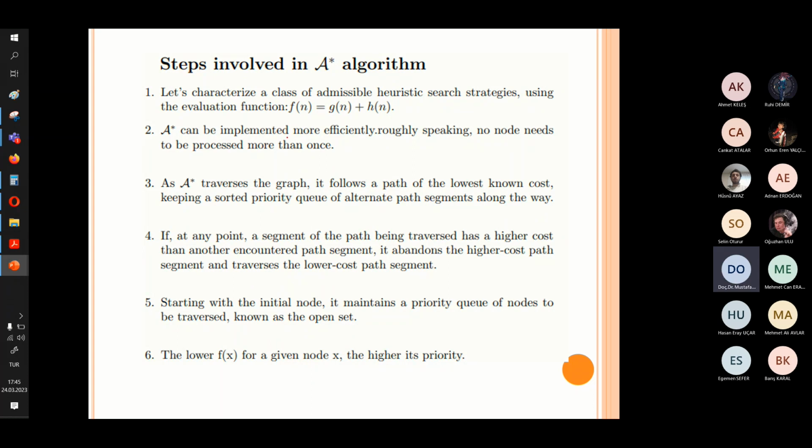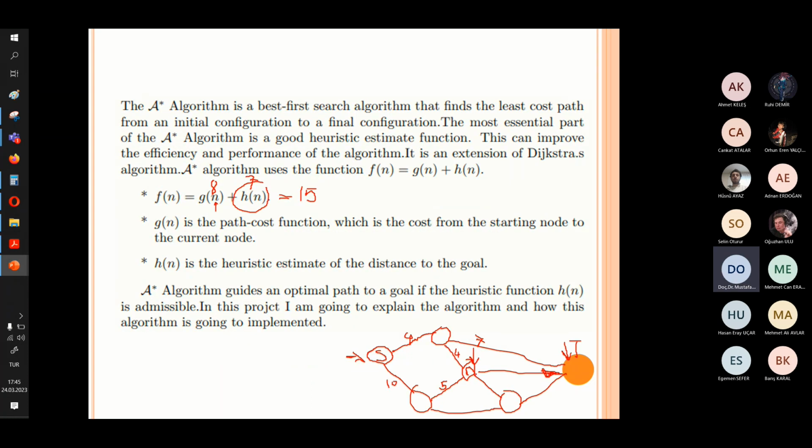While making the estimation, if you remember, we were in N and making an estimation to T. That estimation has to be lower than the actual cost.